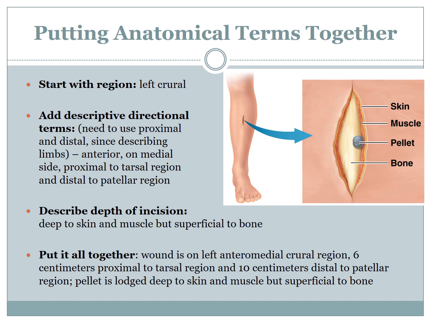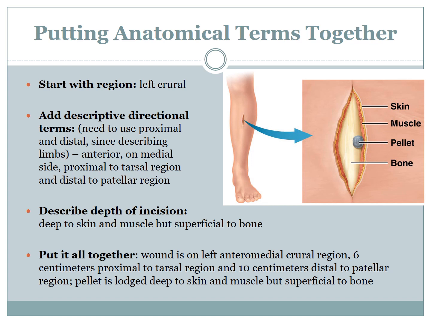Here's an example. Let's put these terms all together. Here we have an individual that was, I don't know how this happened, shot with a pellet gun on their shin. We will be going over the regional terms a little bit later on. You start with the universally accepted name of the region. So it's the left leg, and the front of the leg is the crural region. So left crural. Now we need to add some descriptive terms.